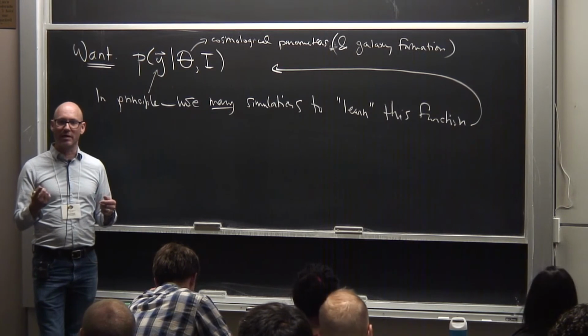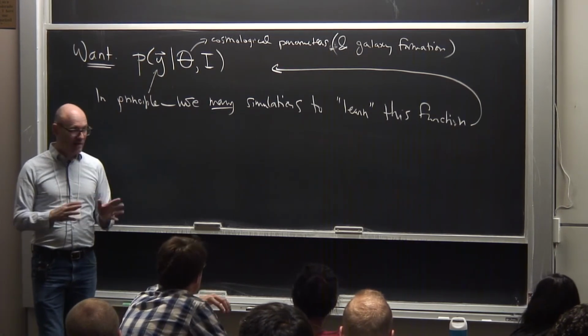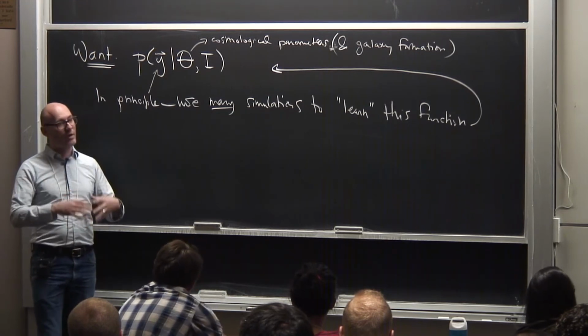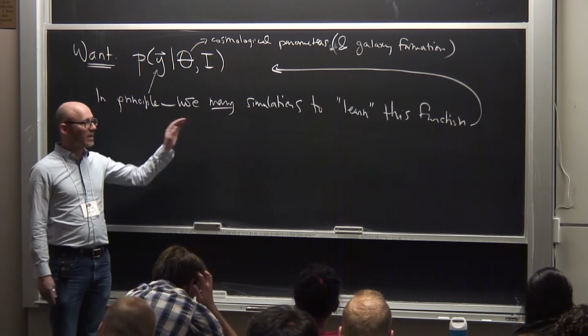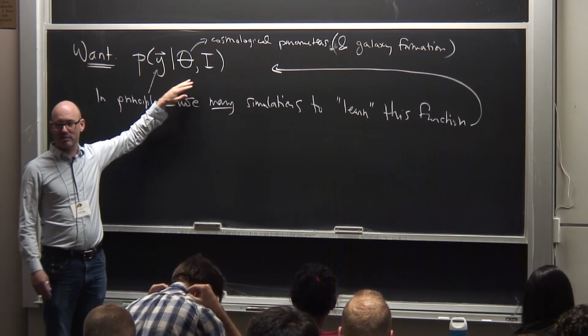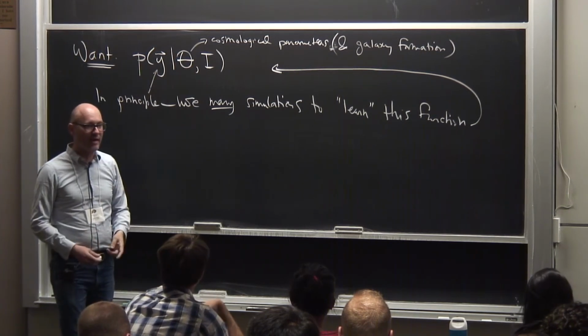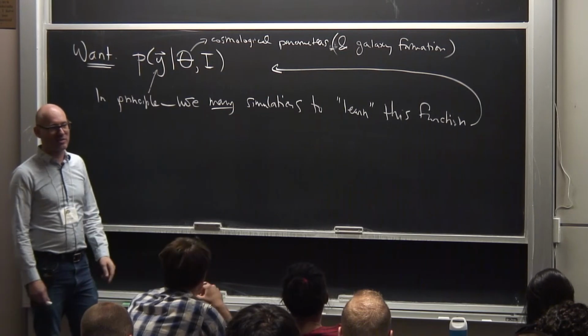And then there's going to be WFIRST, which will be a NASA mission that will do cosmology. So there's a bunch of these projects that are doing very big surveys, and part of their budget is to do enough computation to learn this function. That is what people are working on, and there's a lot of interesting and good thinking about that. In practice, right now, we do not have enough simulations to do this.